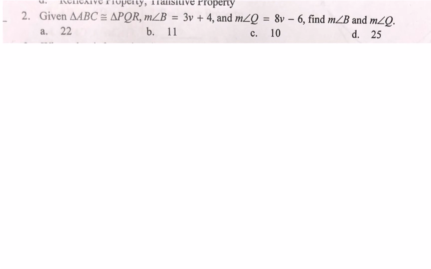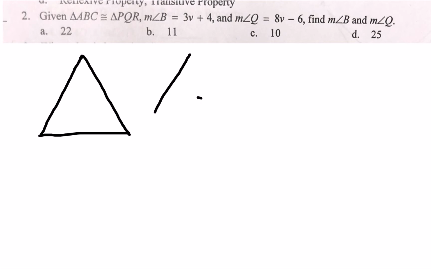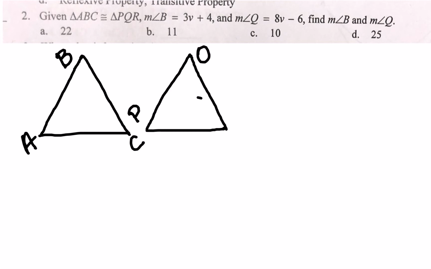So the first thing I would like to do is try to make the figure for my triangle. So if this is my triangle, and this is my other triangle, and it says that this is triangle ABC, and this is triangle PQR.